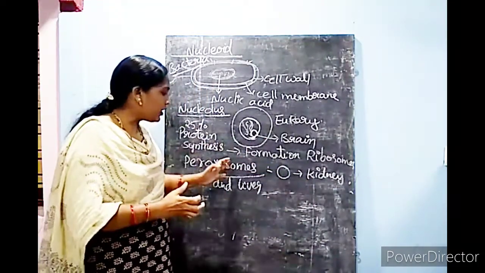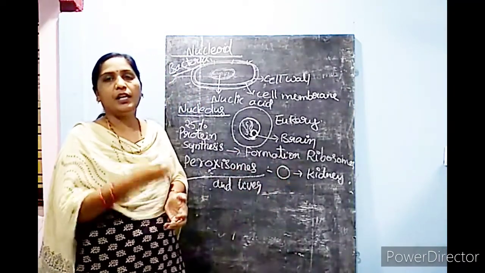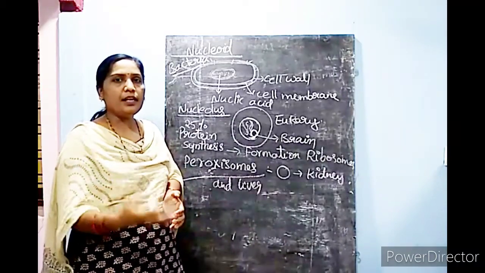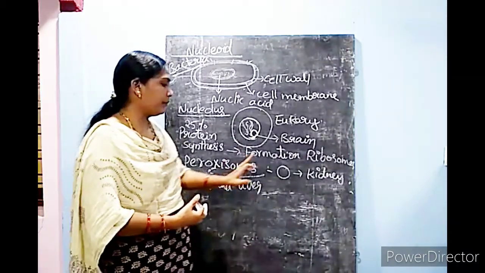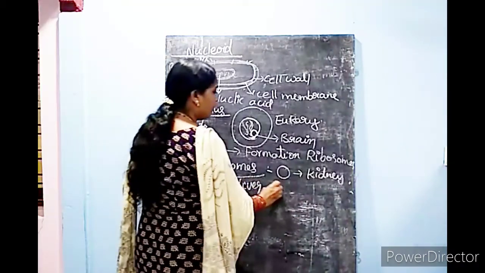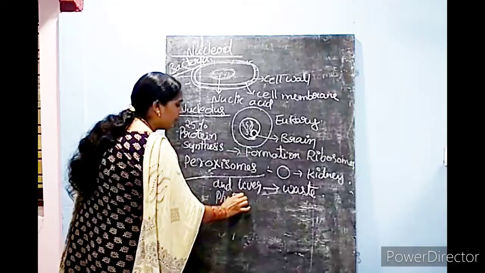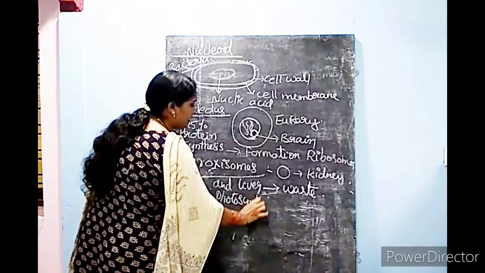So what will these peroxisomes do? They help to send the waste materials outside from kidney and liver cells. In the same way, peroxisomes are also present in plant cells, in the cells that carry out photosynthesis.